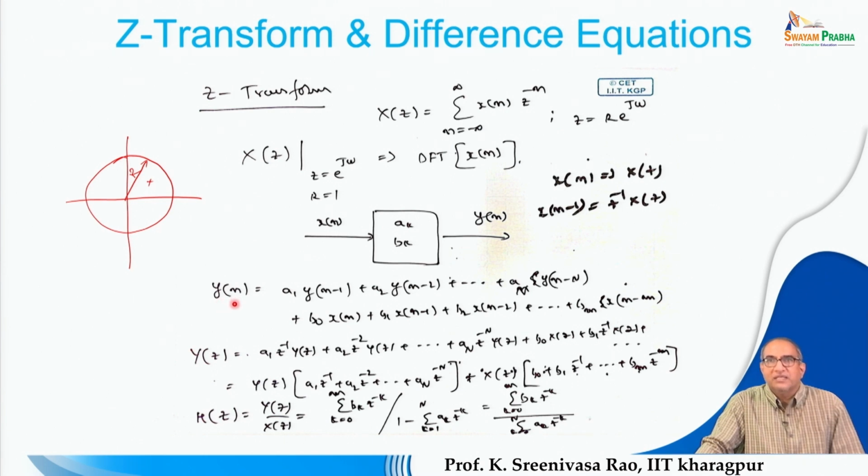So, y of n is the current output at the nth instant, and this is estimated based on the previous outputs and the present and previous inputs. For that we give different weighting factors or scaling factors for each of these components, and in designing the system we need to estimate these parameters in such a way that the estimated output will be very close to the actual output.